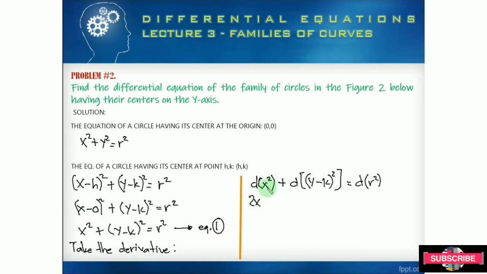Okay, 2x, this one is 2 minus 1, and then plus the derivative of this one.